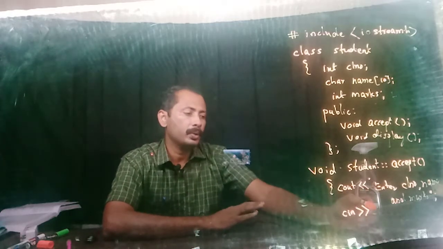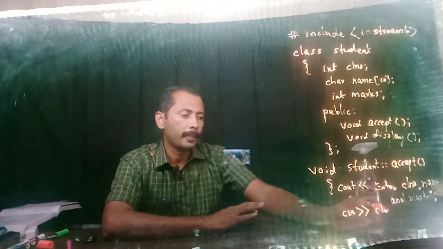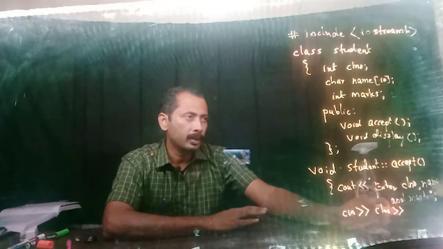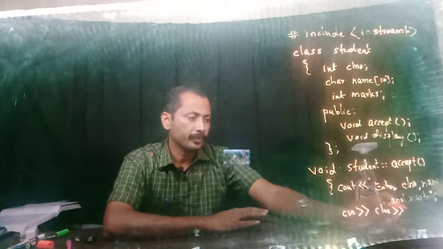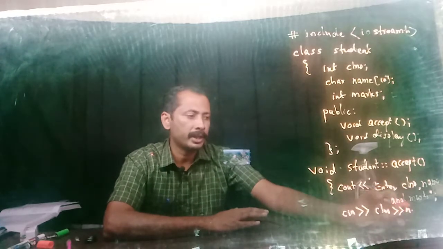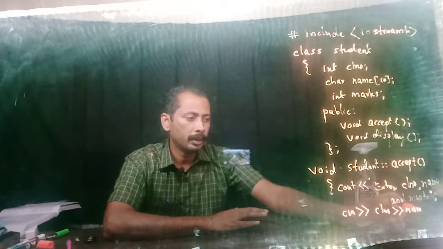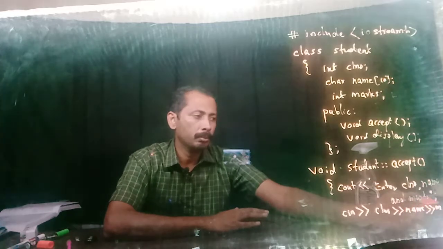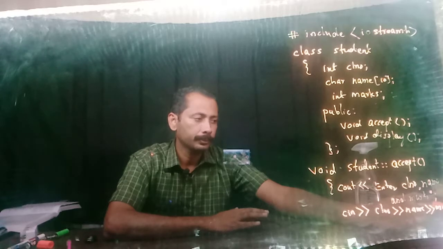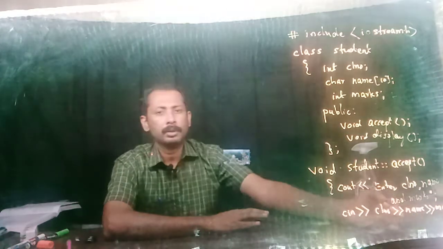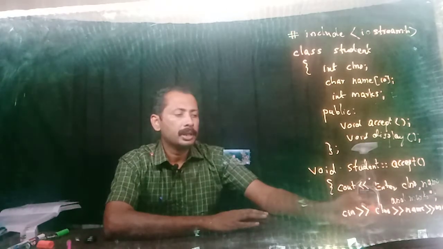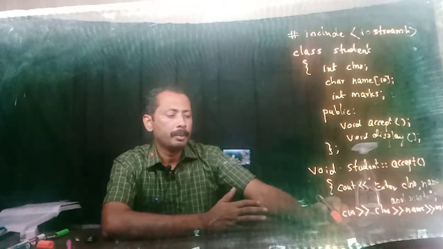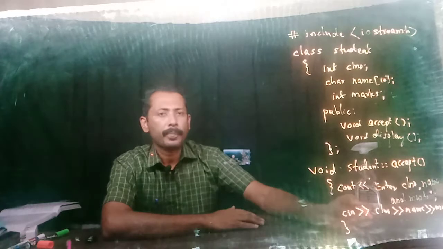The first value is to be stored to class number, this variable name here, and the second value to be stored to name. Each time we have to use an extraction operator. The third value should be stored to marks. So cin class number, name and marks. Okay, I am closing the function here.